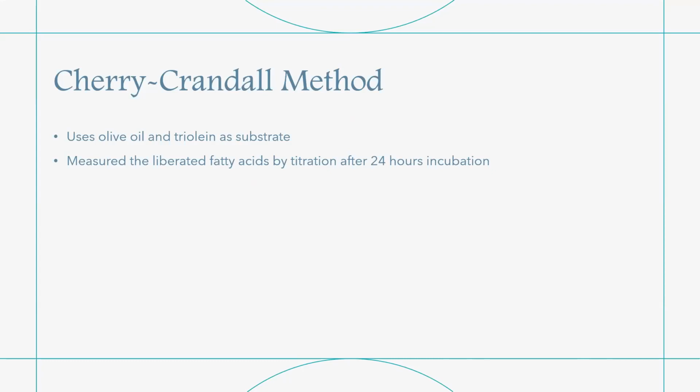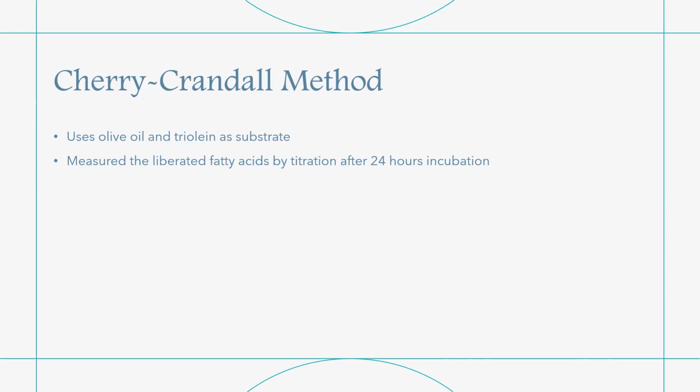Okay, we have what we call the Cherry-Crandall method. Cherry-Crandall method is one of the most commonly known methods for the determination of lipase activity. The classic Cherry-Crandall method uses olive oil and trehaline as a substrate.